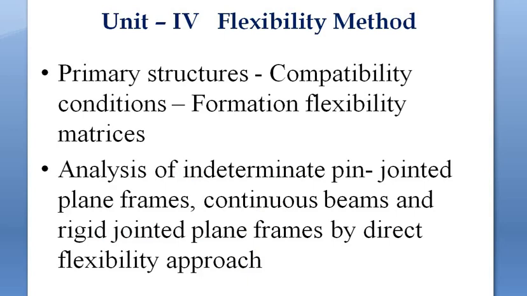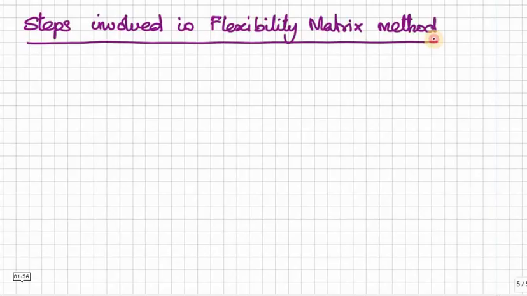In this lecture, we will discuss the analysis of beam by flexibility matrix method. Before stepping into the problem, first we study about the steps involved in flexibility matrix method.